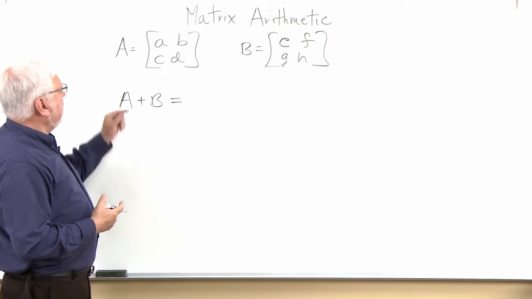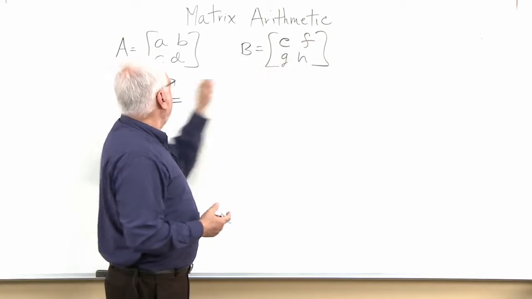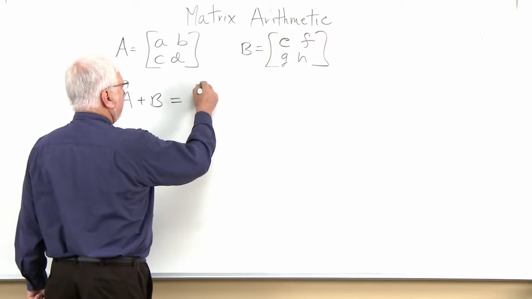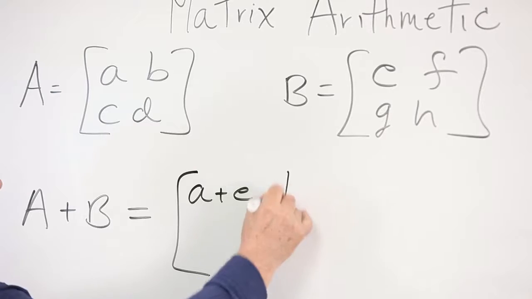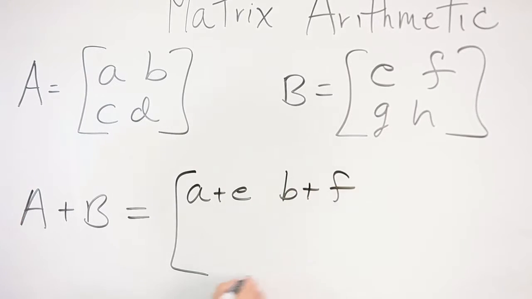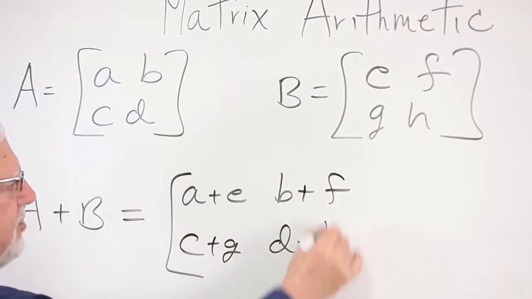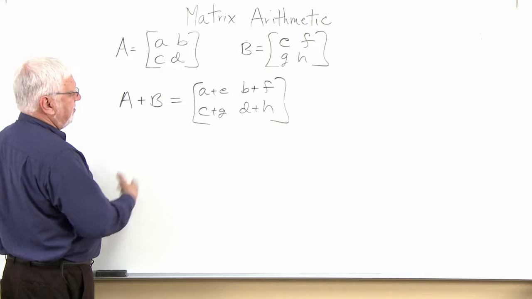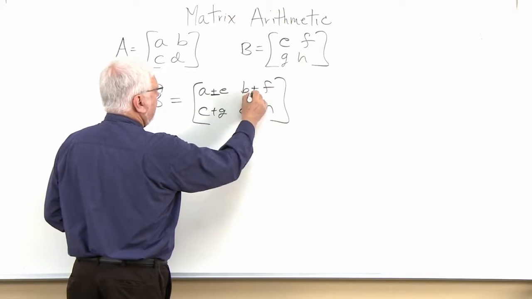You might add A onto E, B onto F, C onto G, and D onto H. Well, that worked out pretty good, so that's the way we would add them. A plus E, B plus F, C plus G, and D plus H. And that's exactly how we do it. Now, since add and subtract are very similar, just adding the inverses, this works also for subtract.